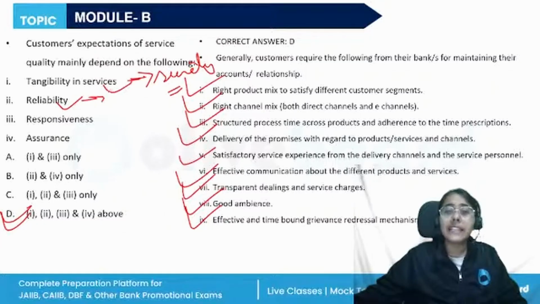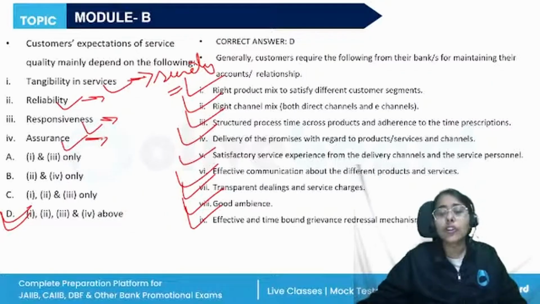If there are any fraudulent transactions, then the customer knows that the bank will help them. Then responsiveness, if the customer has any query, any grievance, the bank should be quick to respond. And assurance means that every month or whatever the decided period, the customer will get interest on their fixed deposit or their savings deposit, right? So these are just some examples.